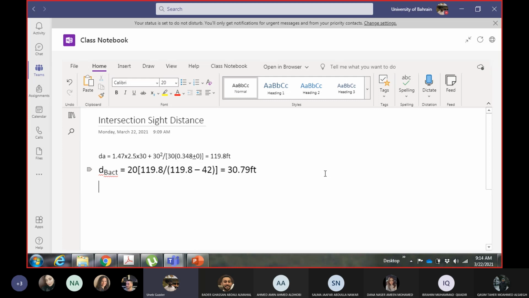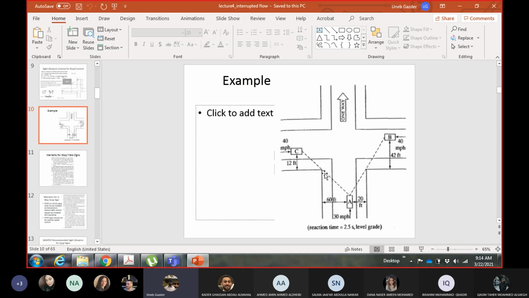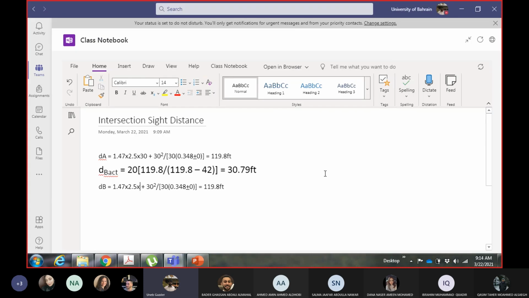Okay, so again I will use the same equation. No, sorry, not this one. This one. So now we will use speed on road for vehicle B, which is 40.